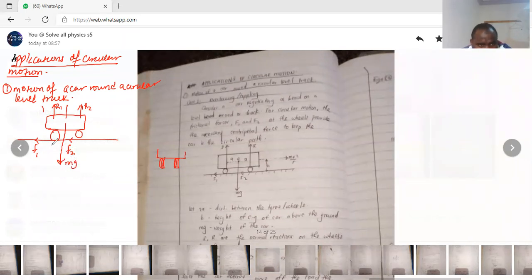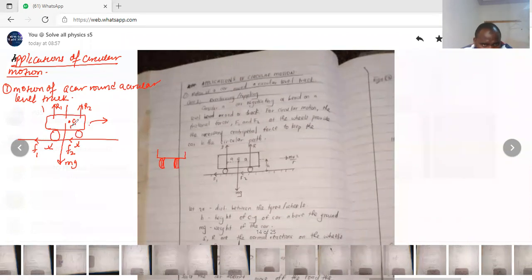Now, when the car is negotiating a bend, the tires are curved in that direction. Whereby if the car is to overturn, it overturns going this way. So what prevents it from overturning is the friction, F1 and F2. In that sense, this is where the center of gravity is.